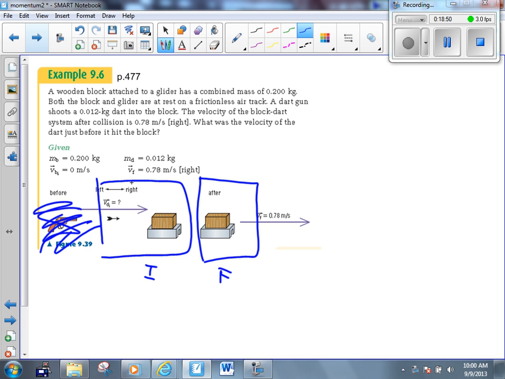We're going to call the mass of the glider and the wooden block that move off together m1. We're going to call the dart m2. m2 strikes m1 and then embeds itself in it.